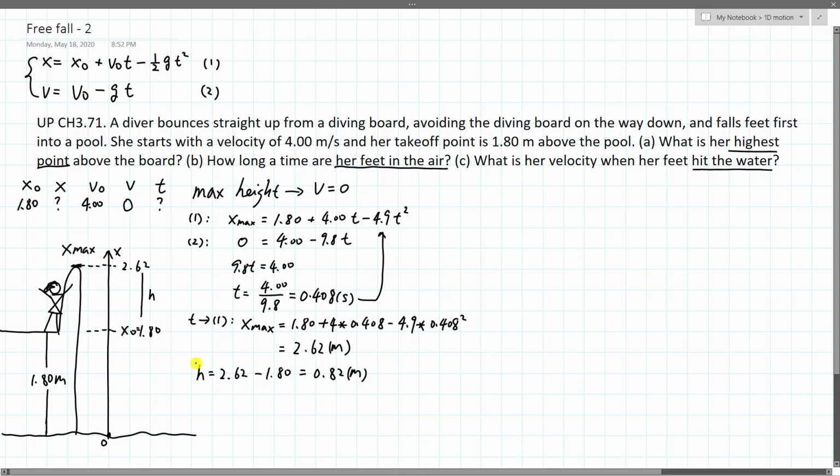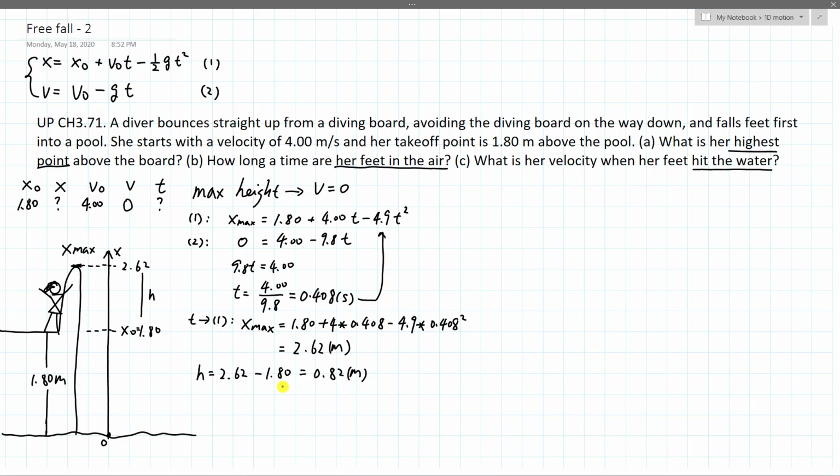And sometimes with subtraction, we could lose sig figs. See that we now have 2 sig figs after subtracting 2 very similar numbers, each with 3 sig figs. So this is how high above the diving board her feet stopped.